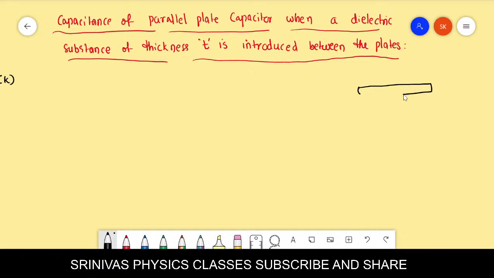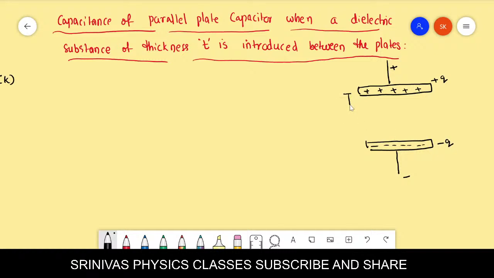This is the first plate and this is the second plate. Every capacitor has two plates. This is connected to the positive terminal, this is connected to the negative terminal, and this is the positive plate with plus q charge, and this is the minus q charge.